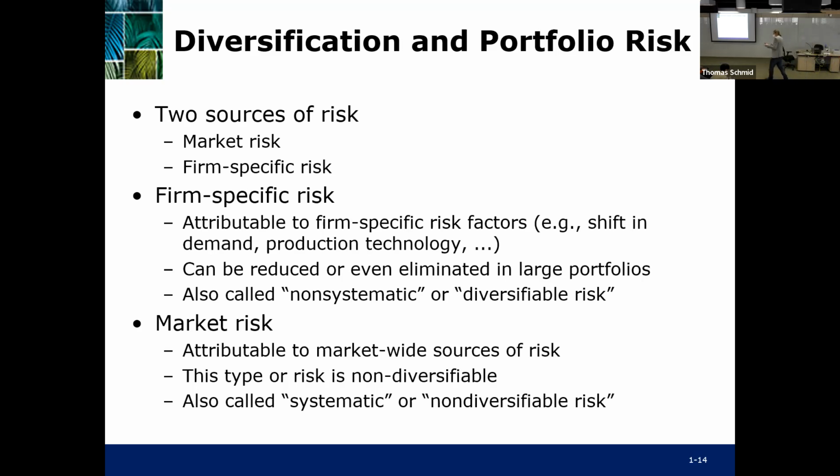So there will be an offsetting effect. You will not suffer from this firm-specific risk of Toyota, because then the demand simply shifts to other firms, and they are also in your portfolio. So that's why in large diversified portfolios, firm-specific risk doesn't matter. It's completely diversified away.